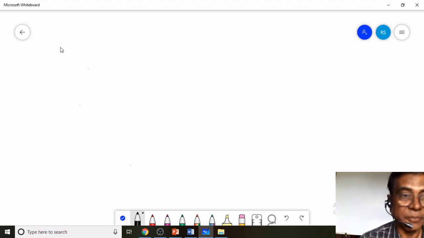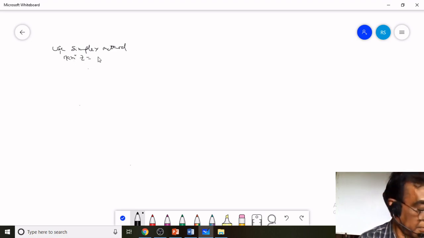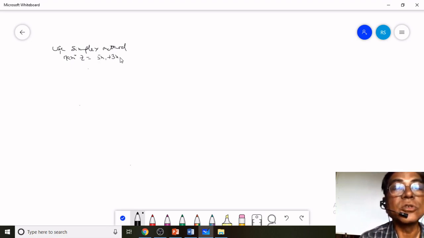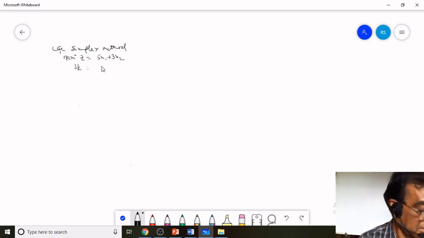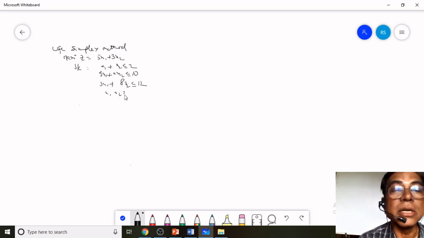The problem is given like this: use the simplex method to maximize z is equal to 5x1 plus 3x2, subject to the constraints x1 plus x2 less than or equal to 2, 5x1 plus 2x2 less than or equal to 10, 3x1 plus 8x2 less than or equal to 12, x1, x2 greater than or equal to 0.